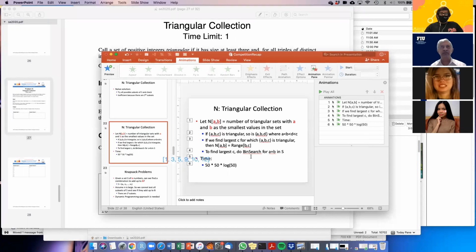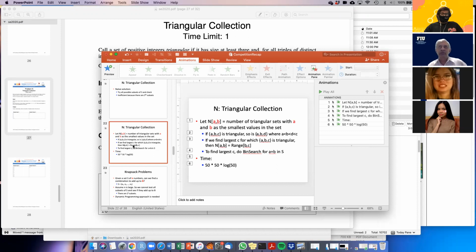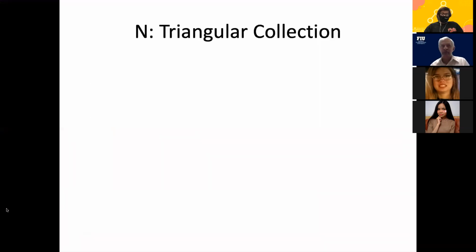because we said somewhere that if it works for A, B, and C, it also works for A, B, and D, where D is slightly larger than C, or slightly smaller than C. All right, so this is roughly what I said already, that the amount of time is going to be 50 times 50 times log of 50. So that's n squared log n.